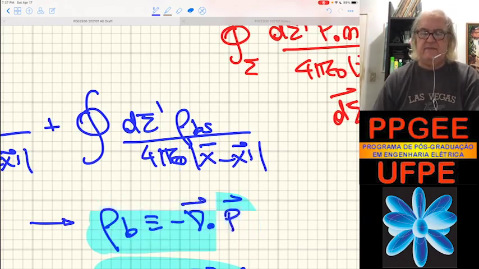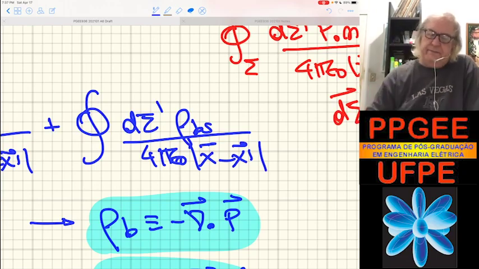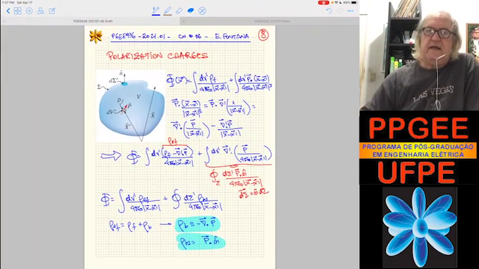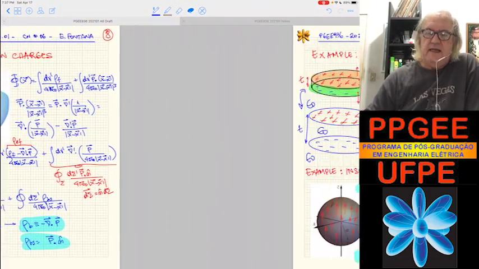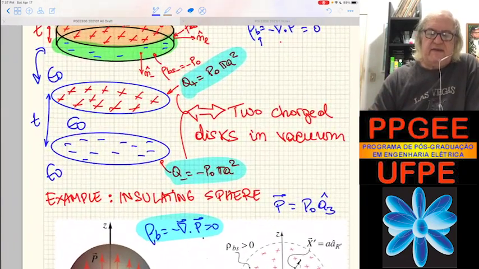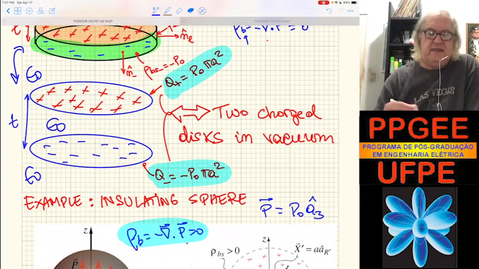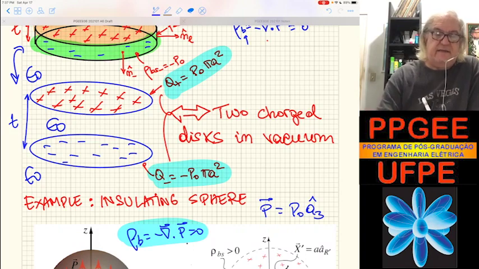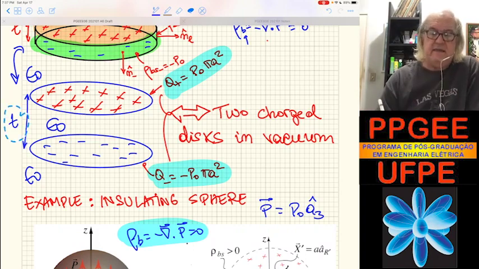Okay? So the plate is equivalent to two thin disks separated by a distance t, and you can calculate the field, or the potential, directly if you want, of a disk that has a total charge, which is density times area, and the other one's density, which is negative, times area.